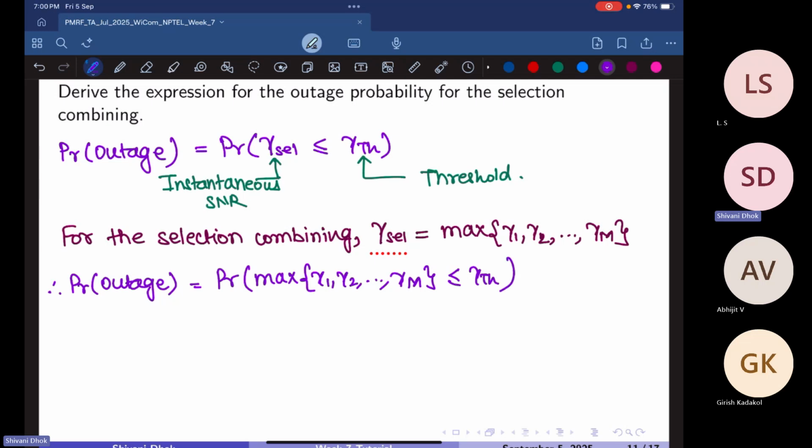So when we say that the max is less than or equal to your threshold, it means that all of your SNRs are less than or equal to this threshold.